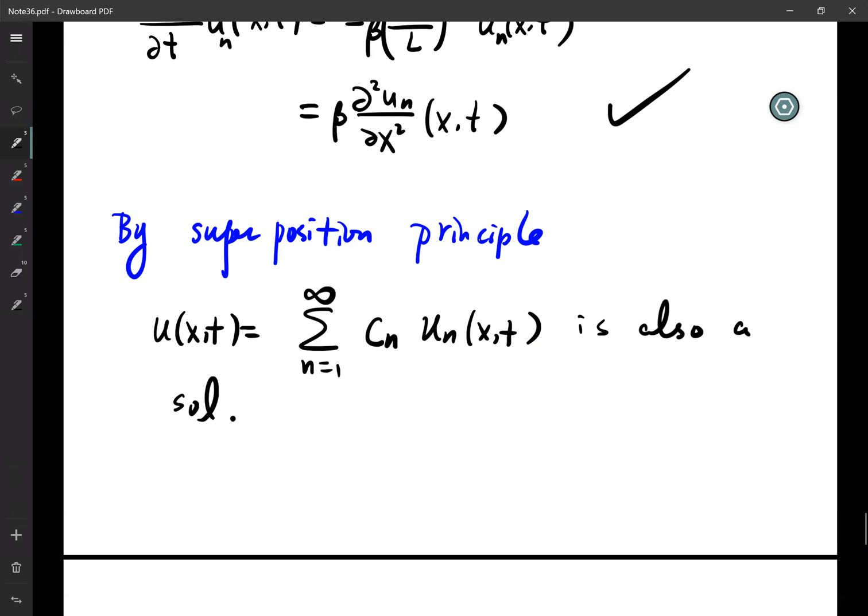We have an infinite number of things that need to be determined. How do we determine that? We match the initial data.